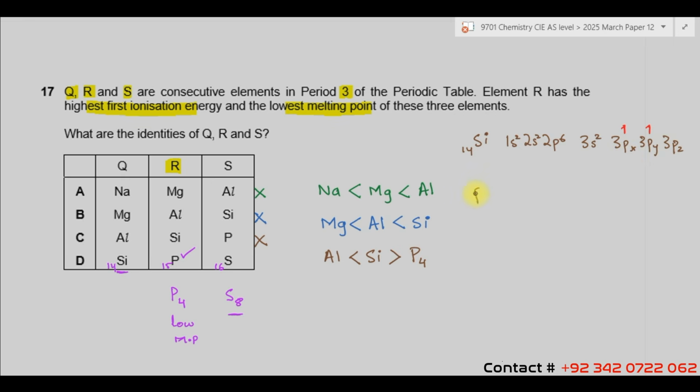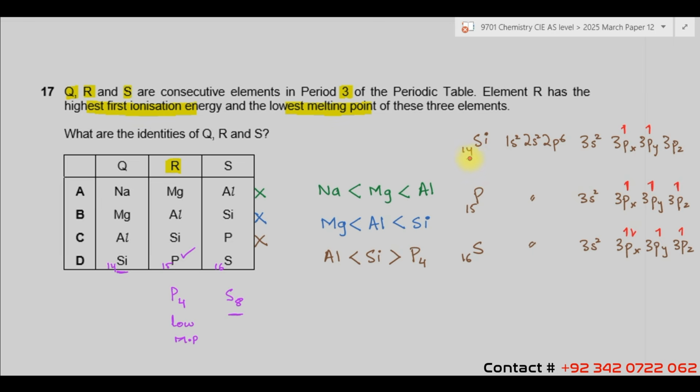In phosphorus we have 3s2, and 3 electrons in 3p. In sulfur we have 4 electrons in 3p.